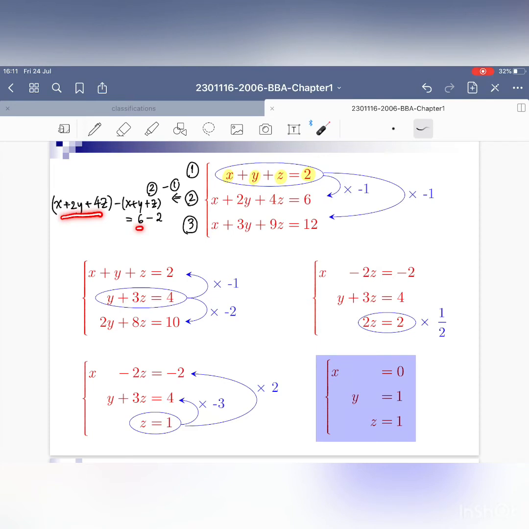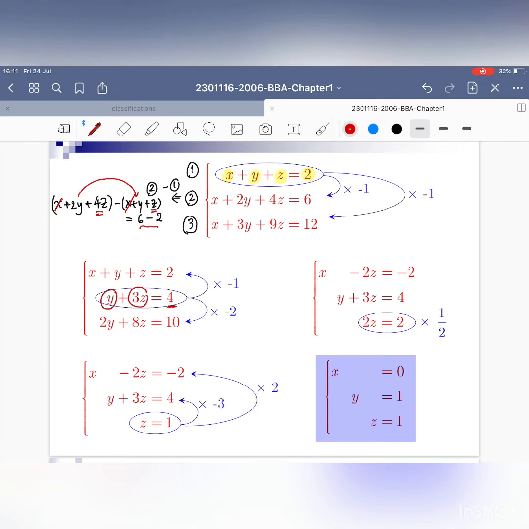You see this is your second equation, this is your first equation, and then you connect it by subtraction. So here you can see that your x and your x cancelled. Your 2y minus y, you got a single y. Your 4z minus z, you got a 3z. And then it equals 6 minus 2, which is 4.